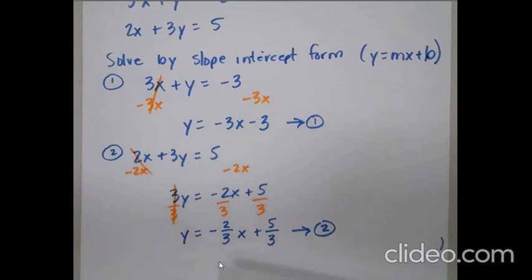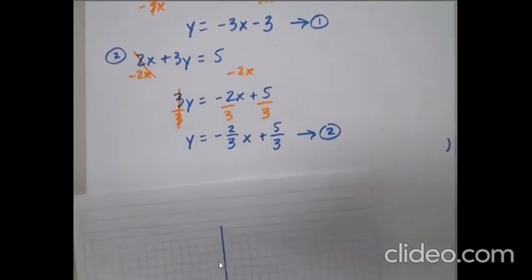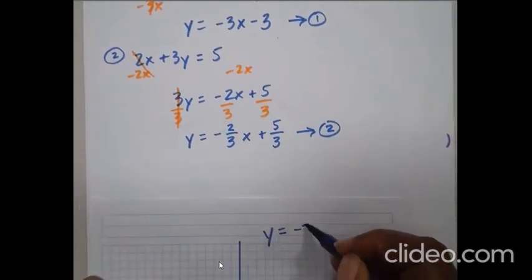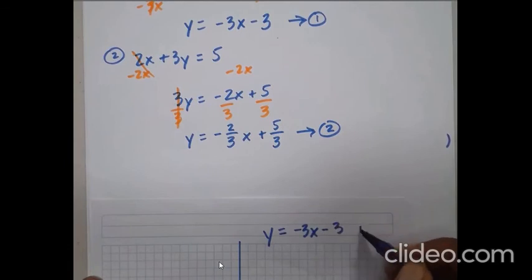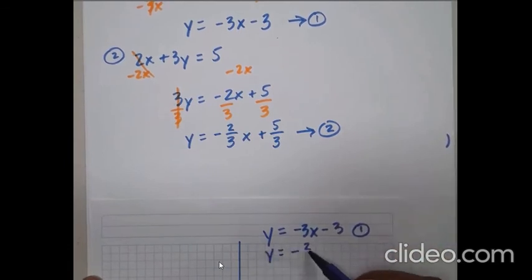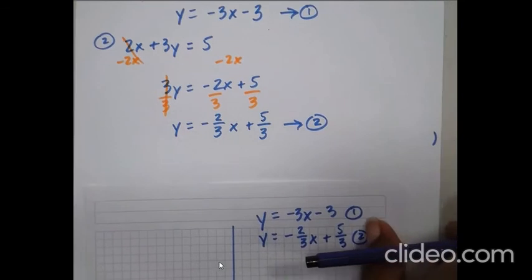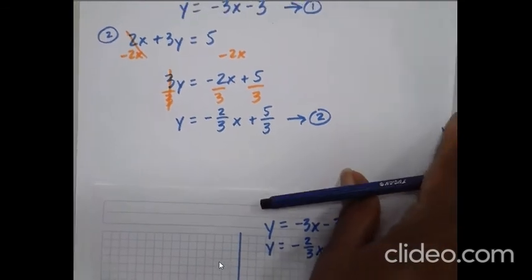Let's see, what do we have as far as our equations? I'm going to write them here so that way we'll have them on this paper. Y equals -3x minus 3. This is equation 1. And y equals -2/3 x plus 5/3. That's equation 2.